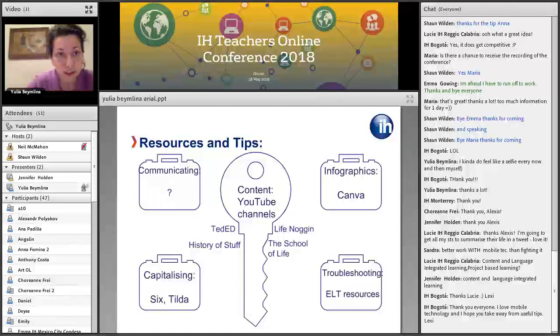As for troubleshooting, and here I'm talking about the second block of the course, where we were polishing the language and working on problem areas, you can choose any ELT resources that you like, that you feel comfortable with. This is probably the most traditional section of this project, ELT speaking.